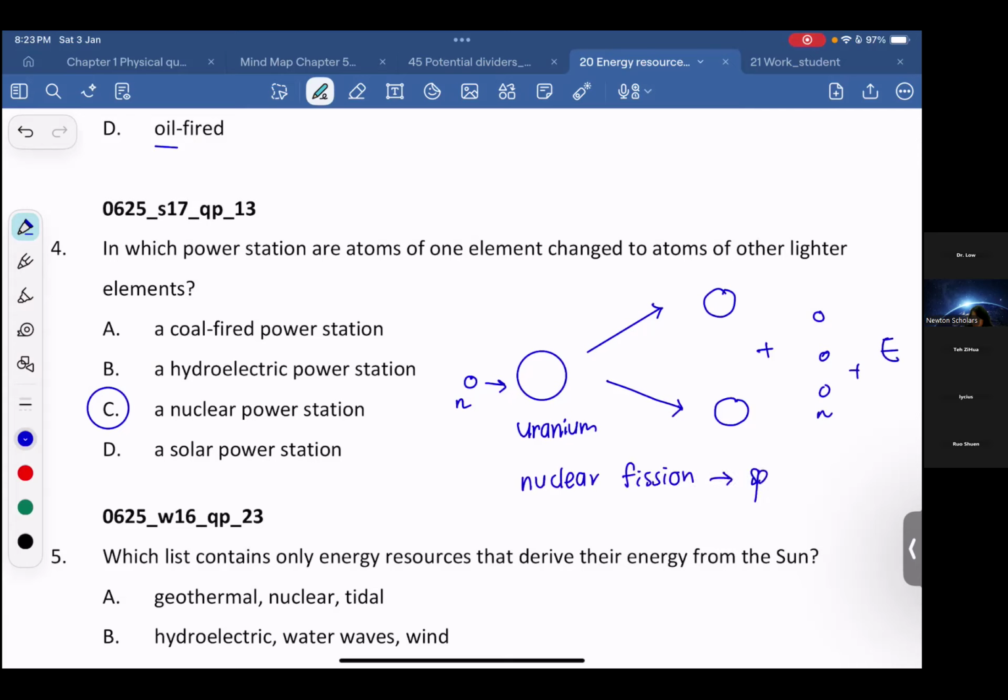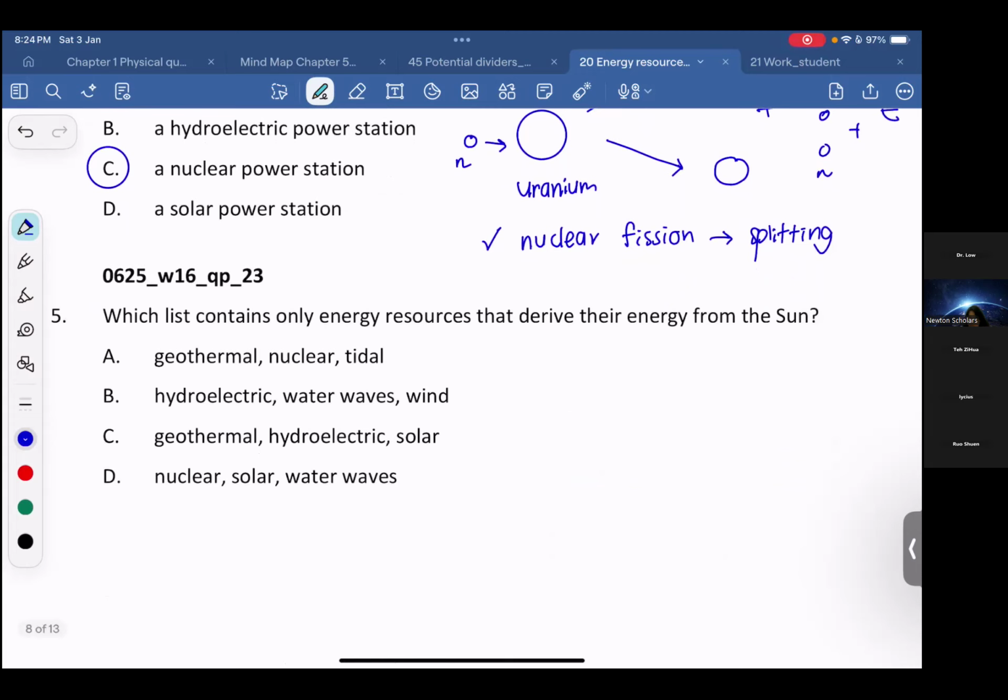Basically in nuclear reactions we have two: one is called nuclear fission, another is called fusion. But what happens in our nuclear reactor is fission. Fusion we will learn in Year 11, in the last few chapters. But right now we just need to know about nuclear fission. The nuclear power station inside is actually nuclear fission.